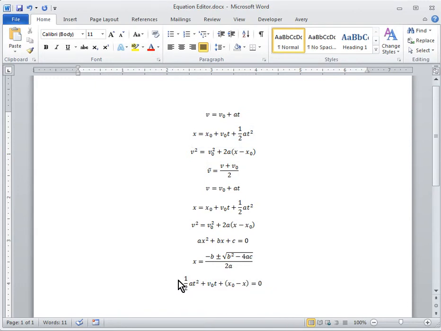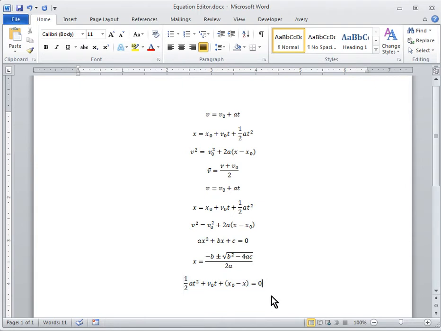So now this equation is the equation of motion for the x-axis as a function of time. And it's the same form as the general quadratic equation. Keep in mind, though, that this a is a constant, and this a down here is an acceleration, so these aren't the same values and don't have the same meanings here.